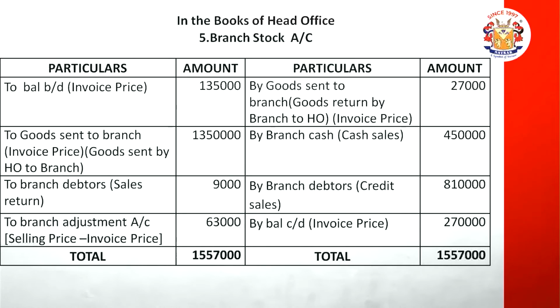But the amount of sales return will be debited to branch stock account. Sir, what will be in case of closing branch stock account? Closing branch stock will be recorded at invoice price, means credited to branch stock account with 2,70,000.